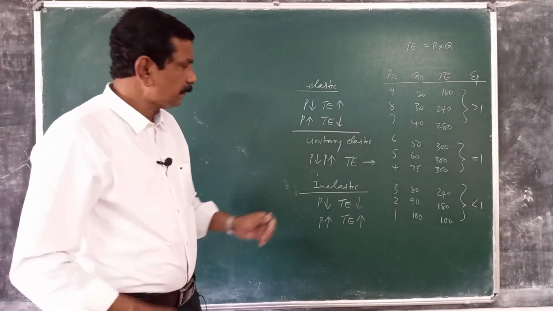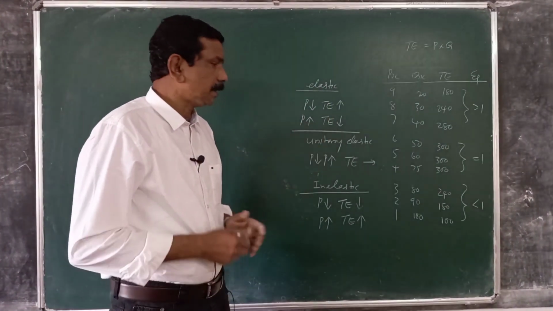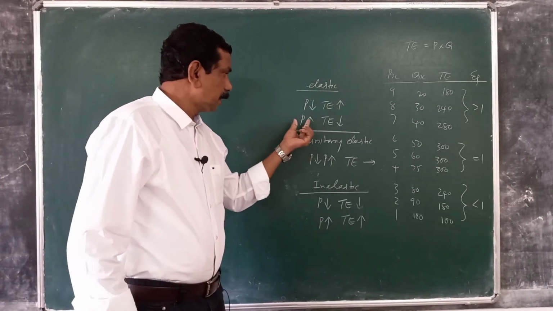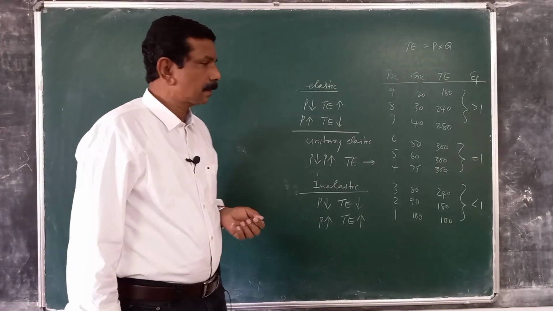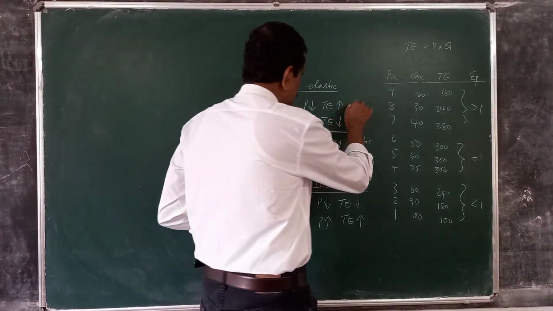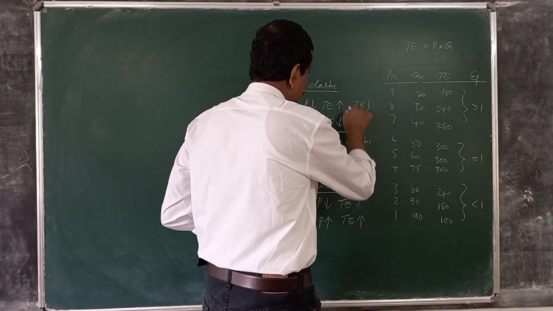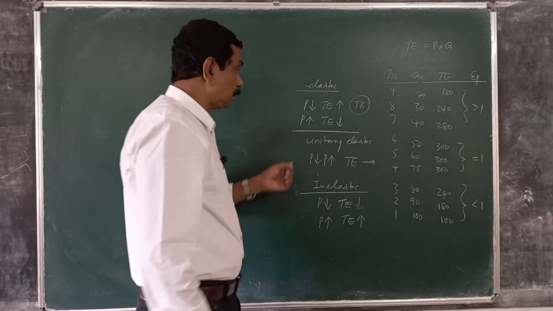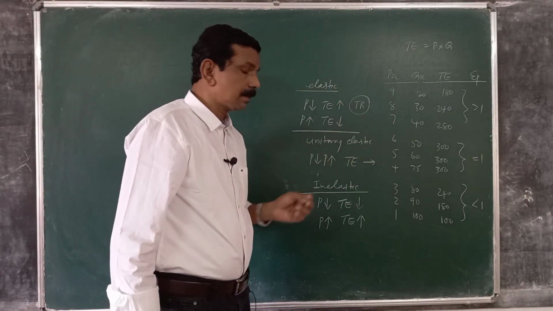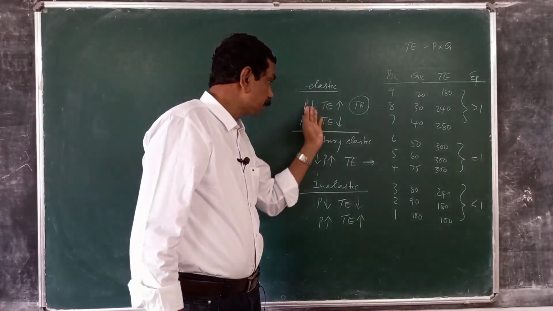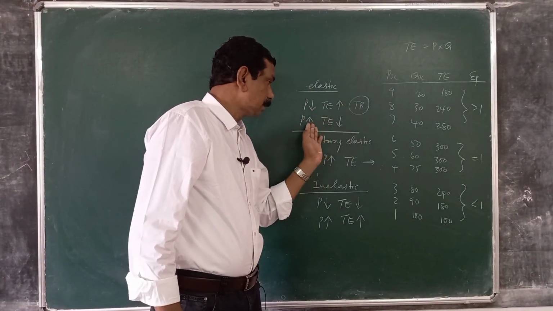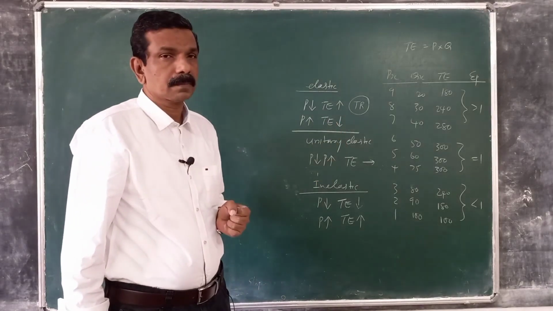Now, if a commodity has elastic demand, a price reduction increases total expenditure. And as total expenditure is total revenue for the producer, if a commodity has elastic demand, it is advantageous to reduce the price rather than increase the price.